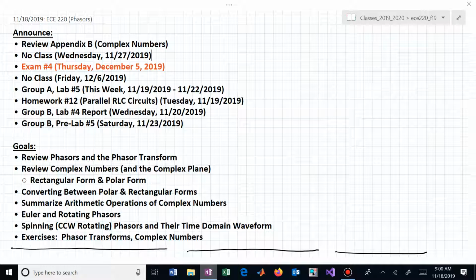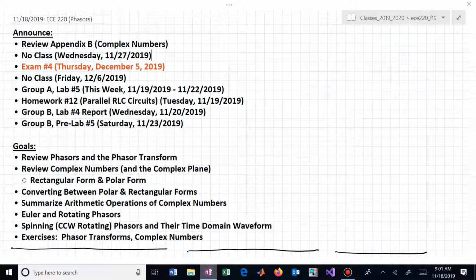Exam number 4 is on the 5th of December, and then we will not have class on that following Friday after exam number 4. And we will not have class the last day of class. That's not on here, but that's where we're at. Those are the next 3 classes that we will not meet.